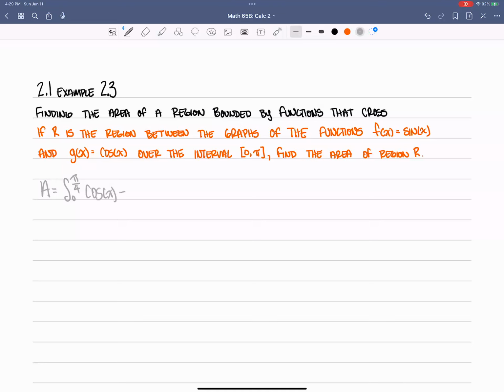So cosine x minus sine x dx. We have to add that other region, the second one. This one's going from pi fourths all the way up to pi. This time they're switched, so sine is now the top function. So here we have sine x, and we're subtracting cosine x.